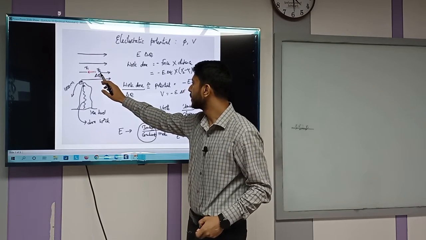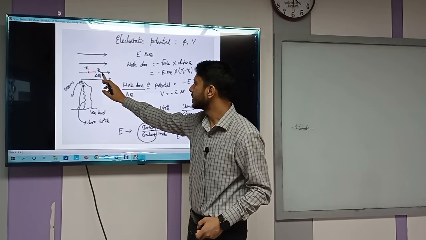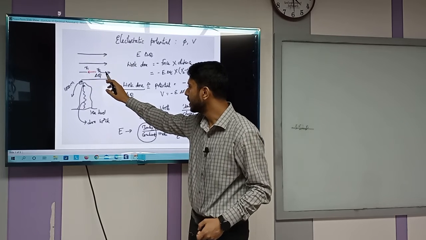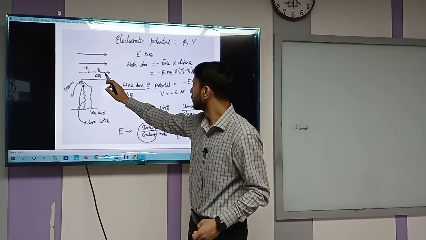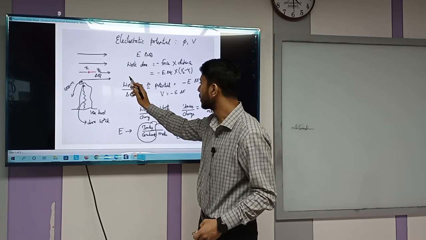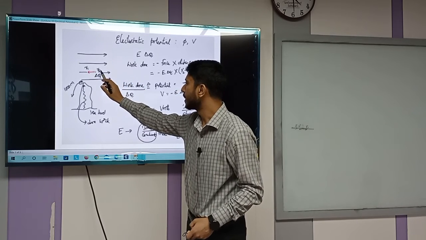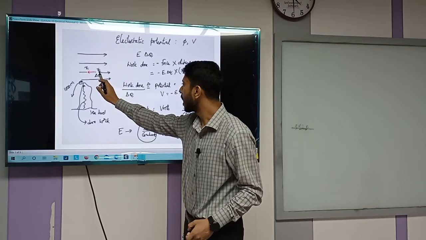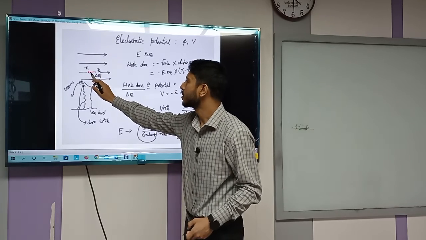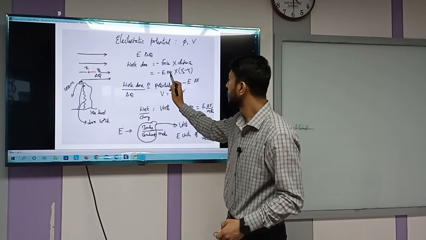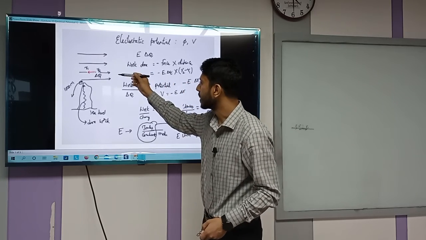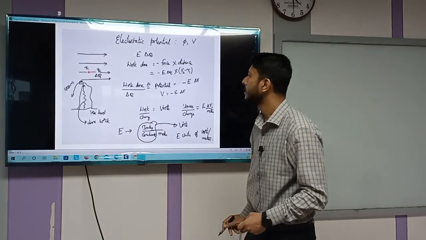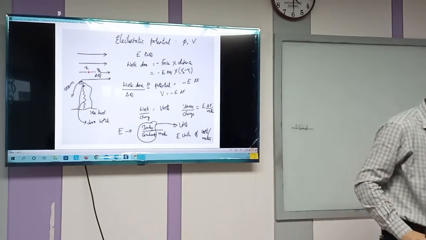So what will be the work done in this case? This electric field times charge times the distance moved, and the distance moved is R2 minus R1. And this work done will be negative as I am moving against the electric field.